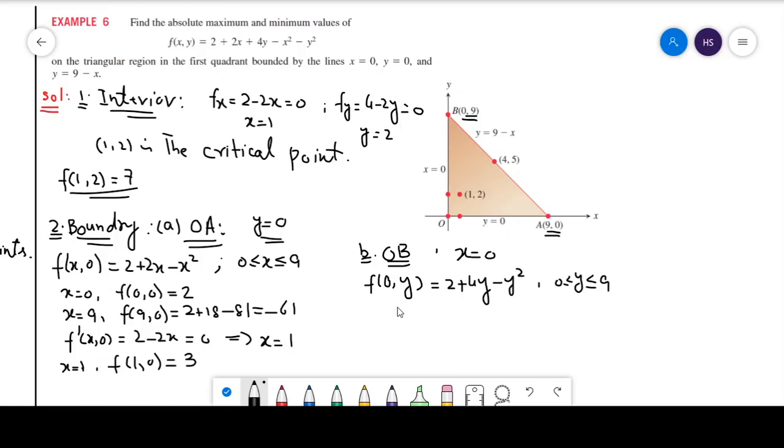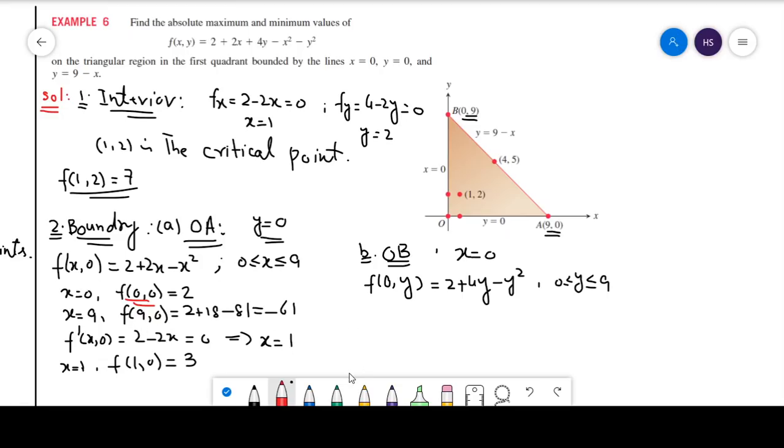So let's check the boundary points. We have already checked, if y is 0, then x is also 0, so f(0, 0) has already been calculated. So let's talk about y equal to 9. If y is 9, then x is 0, so that becomes (0, 9). We have checked (9, 0).